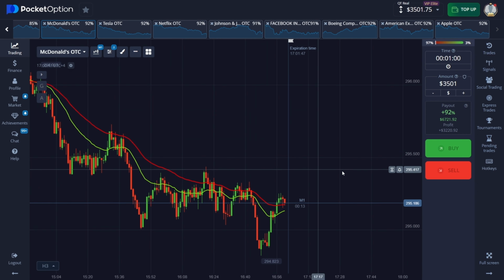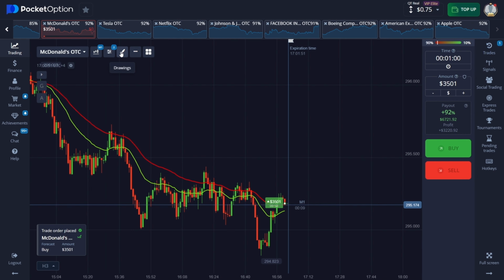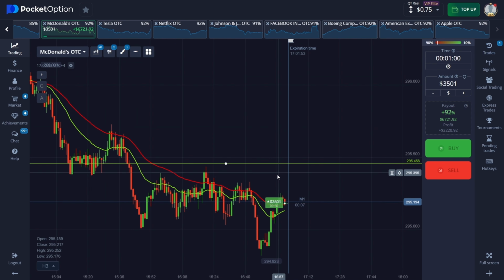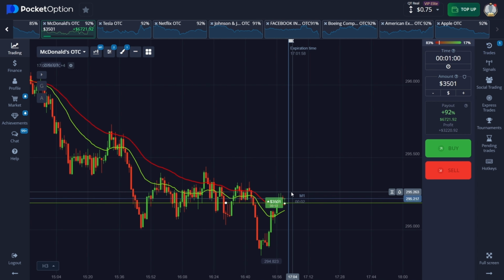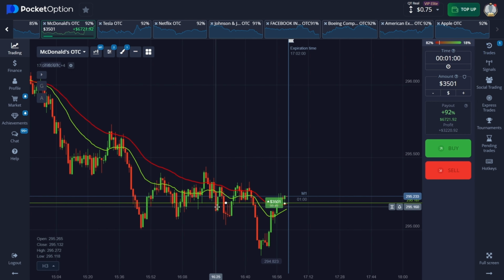And I found a trade on McDonald OTC for the upside move. As I said, I placed a trade for the upside move worth $3,501 because there was a 50 EMA and it was a retracement trade. The trade is currently going in our favor.